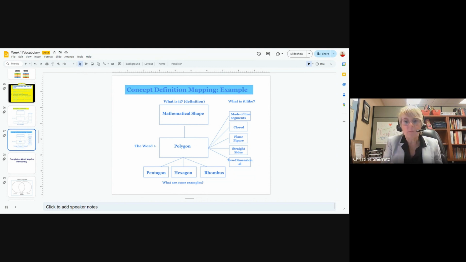A concept map is an example of the linguistic theory of learning. The reason it aligns with linguistic theory is because it focuses on word meaning. It focuses on relationships. We're using schema theory, so there's some background knowledge that the student has to know.